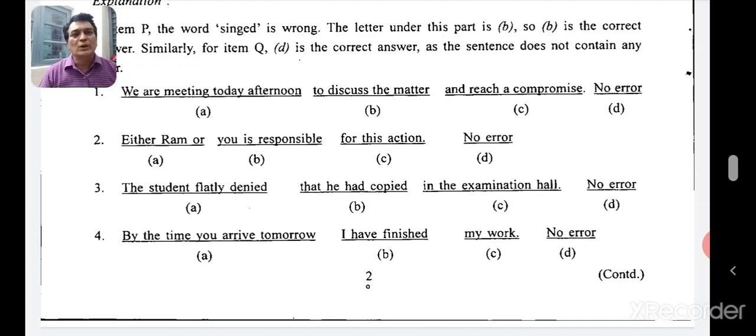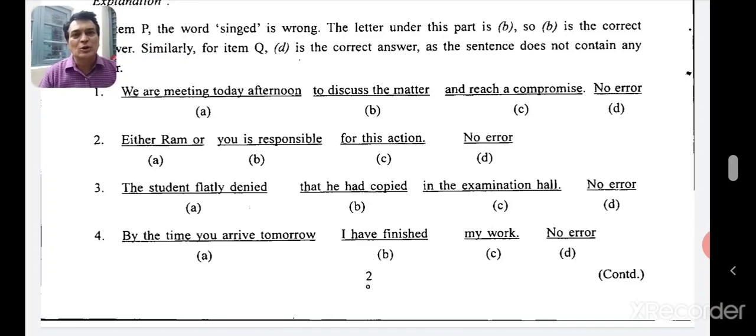By the time you arrive tomorrow, I have finished my work. No error. Now remember here, by the time you arrive tomorrow, which time does it refer to? It refers to the future. So if it refers to the future, what should be there in the second clause? It's about tomorrow, it's about the future.